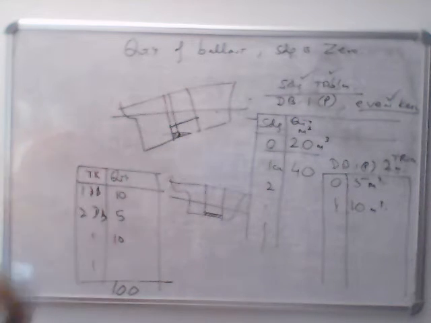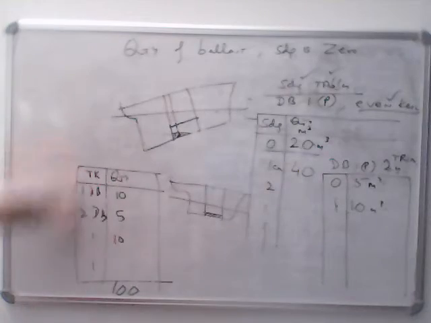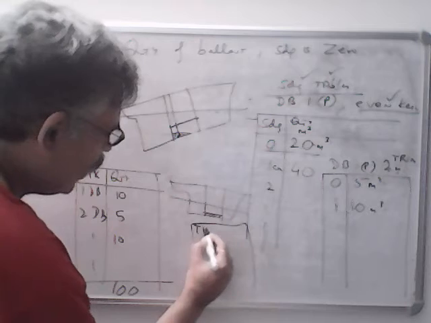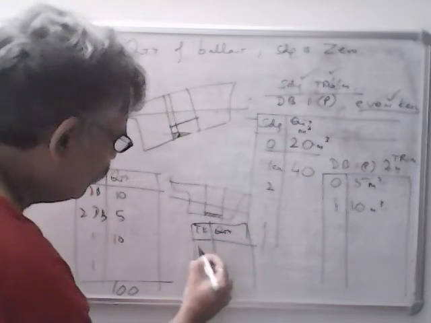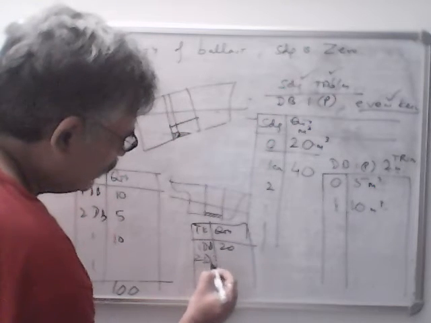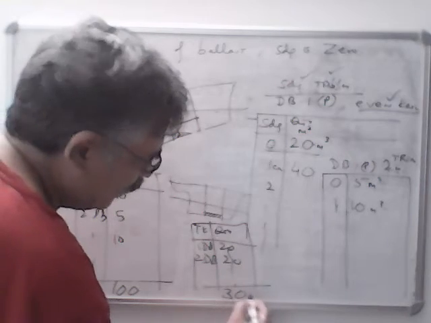But the same vessel, when it's on even keel with 0 centimeters, and you make a table like this, tank quantity, so 1 DB might be 20 with 0 sounding, 2 DB, let's say 0 sounding 20, and you might get a total of 300 for a capesize bulk carrier.